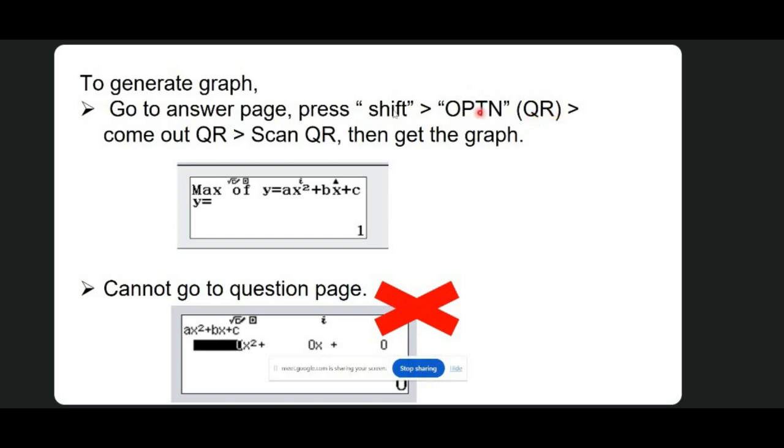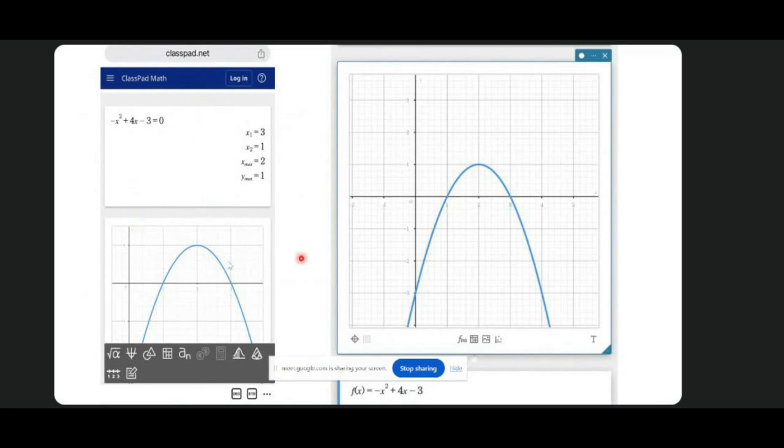You can use your smartphone to scan the QR. You will get the graph on the website. You will get something like this on your smartphone. This is the function that we keyed in just now. Then this is the x intercept. And this is the maximum point, the maximum value of y. Then this graph is automatically generated inside the website.